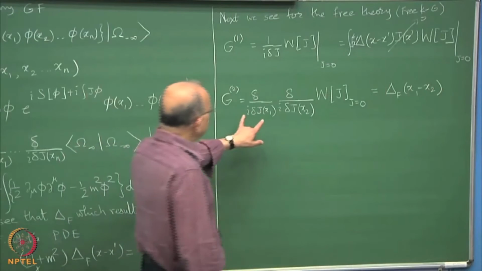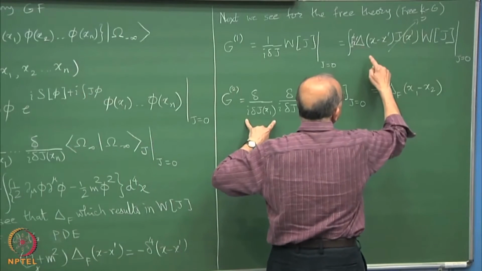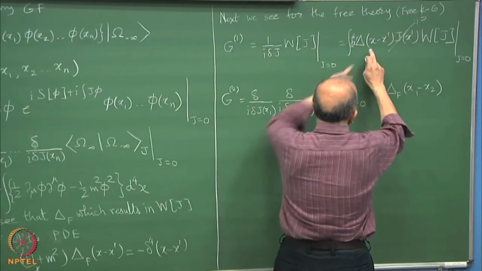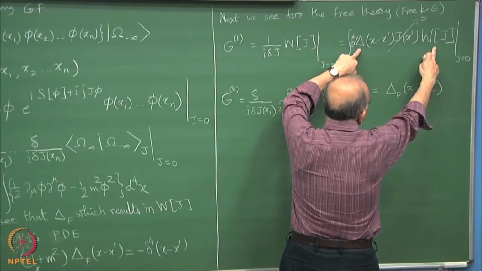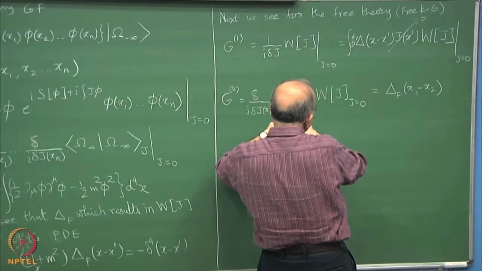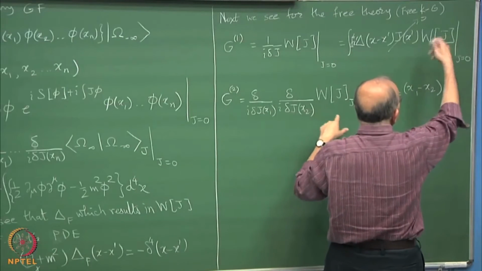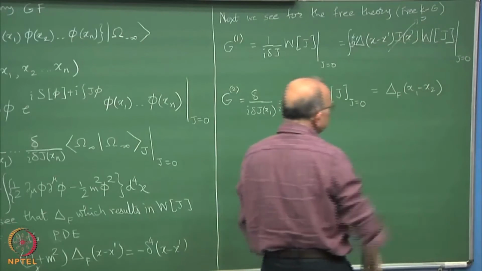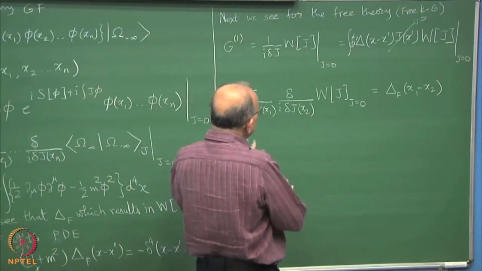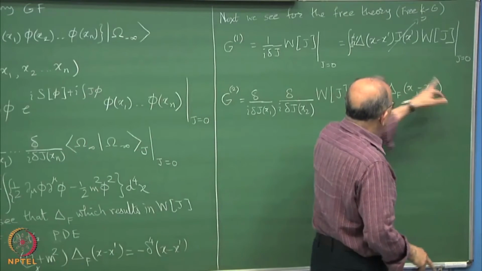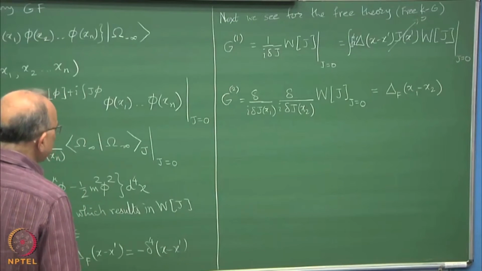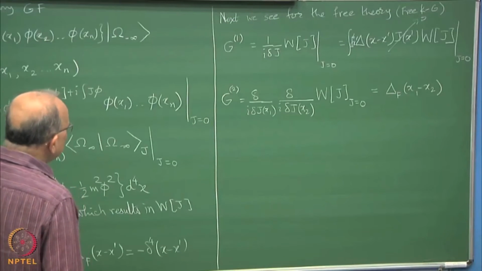Because I varied with respect to the first j, this will come down, then I vary with respect to the second j, that will get cancelled and this delta times this W will remain, and then of course you will also have j acting on this W itself, but that term will go to 0 for the same reason that the first term went to 0 here, and the only term that remains non-zero when you send j to 0 is this one. Aside from the W of 0 itself, which should really be factored out.